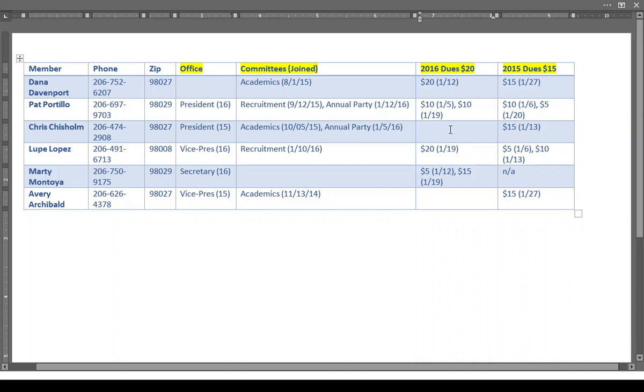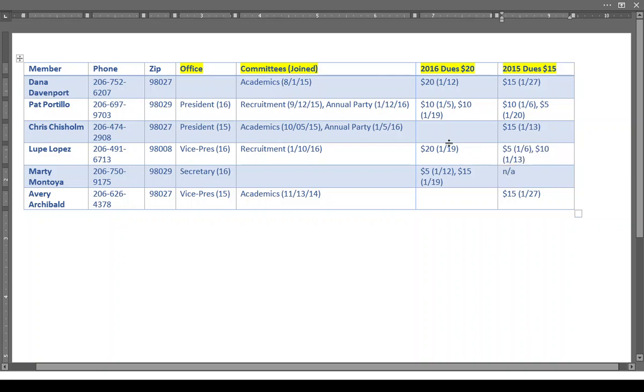We also have some things that are kind of subtle. For instance, why does Chris have nothing in this cell, but Marty in this cell says NA? You might have to go back to the client and ask what NA means. They say, oh, Marty didn't owe any dues because Marty wasn't a member in 2015, so no dues were actually owed.